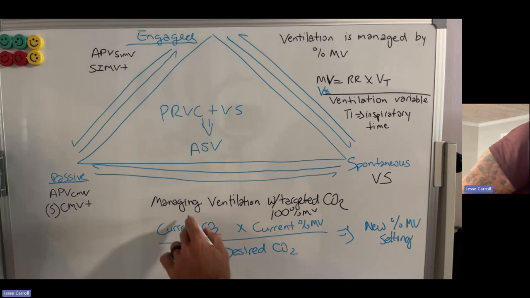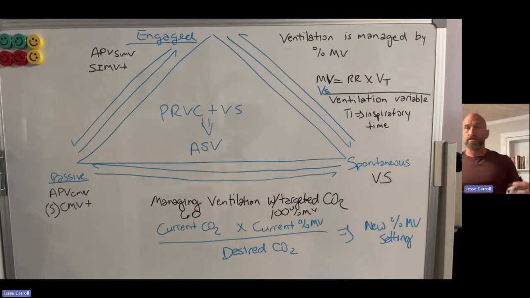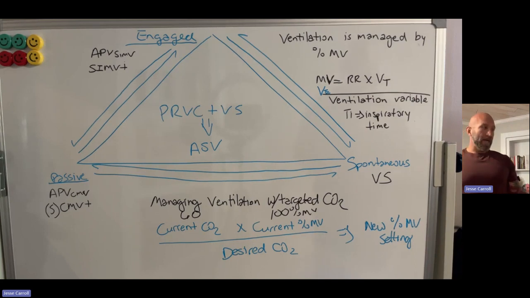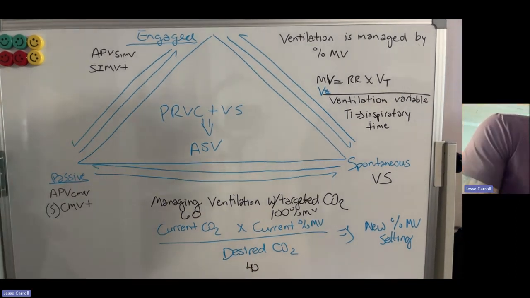So we're going to put the current CO2 on the monitor as being measured at 60 millimeters of mercury. We say, okay, how do we want to change the patient's CO2 to help improve their clinical condition before they continue to deteriorate? Let's say my desired CO2 for this particular patient, just for our purposes, is 40. We're just going to keep it simple.